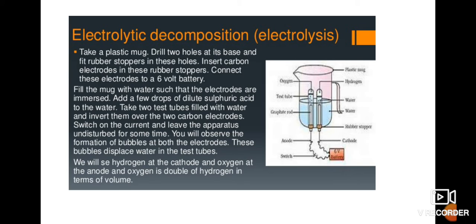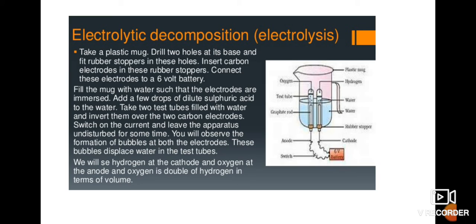Now we will switch on the current and leave the apparatus undisturbed for some time, and we are going to see bubble formation at both the electrodes. These bubbles are going to displace the water in the test tubes. The level of water will be different in both the cases. As hydrogen forms hydrogen ions, that is H+, it will migrate towards the negative electrode, called the cathode, whereas oxygen, as it forms O2-, will go towards the positive electrode, called the anode.